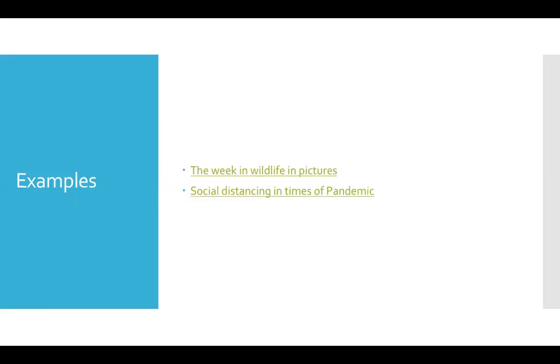Okay, here are some more examples. If you feel like the examples that are given here are not sufficient, consider some more examples. Go to the dawn.com website and scroll down. You will see a section titled Photo Gallery. Just open up any link and you will see different sorts of pictures with captions.